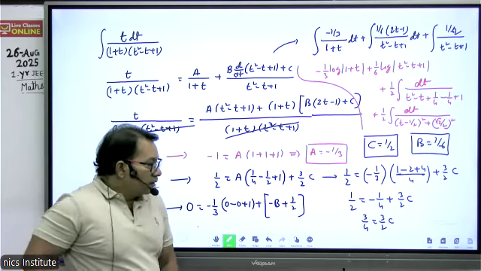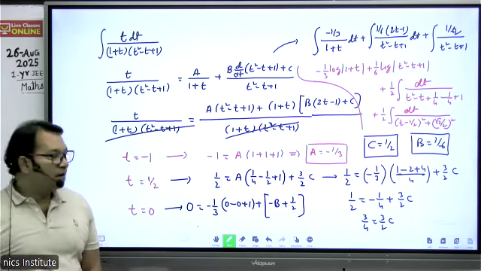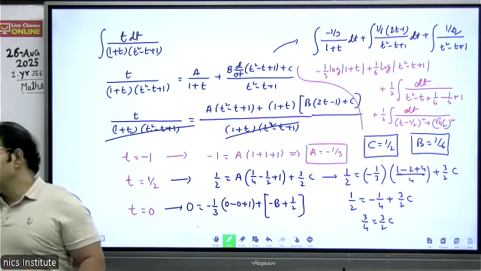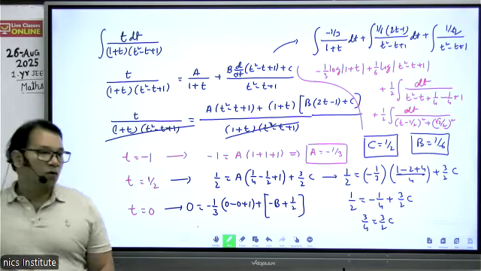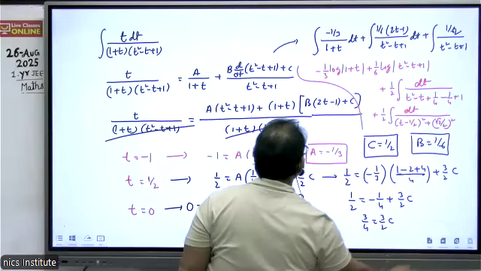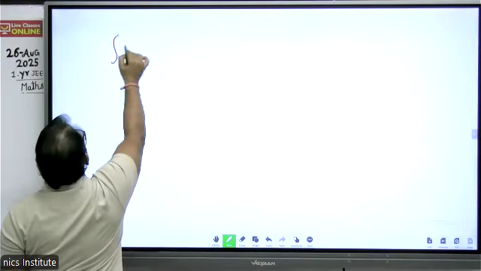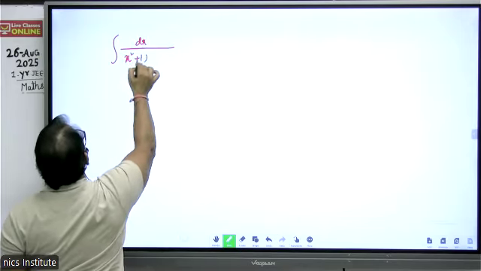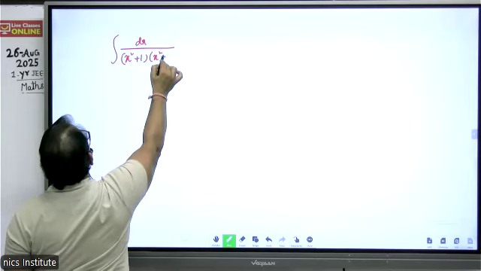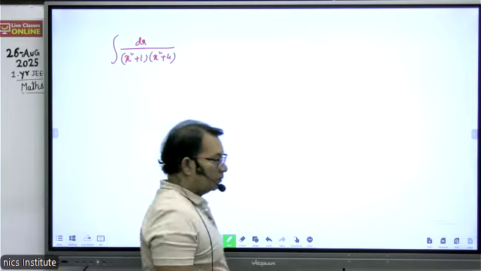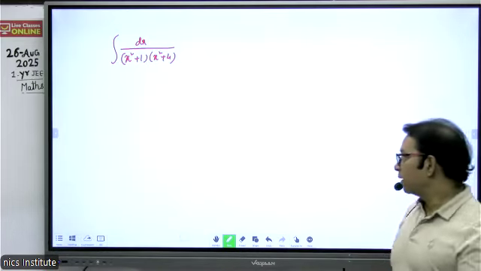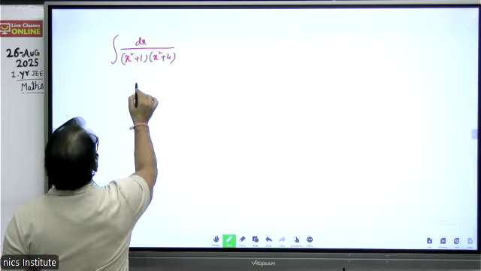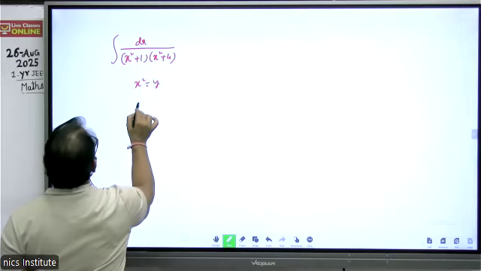Then we do pseudo substitution for both, but in the entrance exam we can directly answer those questions. If both the factors are quadratic and not factorizable, you make pseudo substitution for boards, but in entrance we'll do directly.